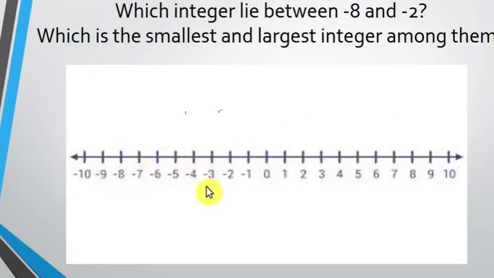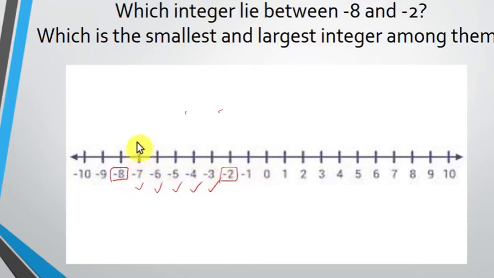Next, which integers lie between -8 and -2? Which is the smallest and largest integer among them? First, I want to mark -8 and -2. Which integers lie between -8 and -2? -7, -6, -5, -4, -3 lie between -8 and -2.